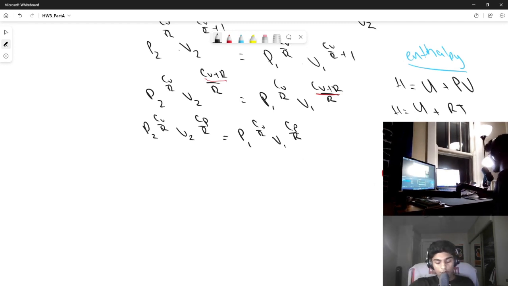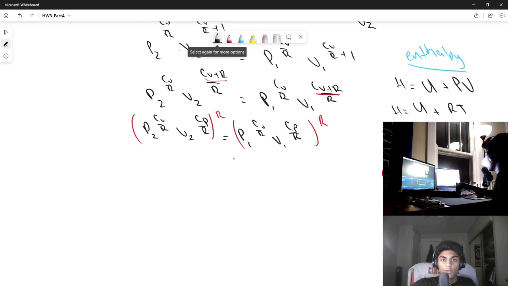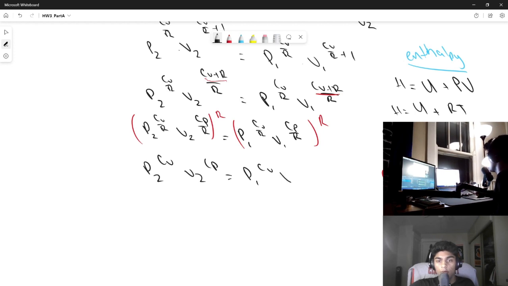Now, one of the last things we're going to do for this volume pressure relationship is we have a whole bunch of R's here that we can easily cancel out if we put everything to the R power, just like so. So we have P2 to the Cv, V2 to the Cp is equal to P1 to the Cv, V1 to the Cp.